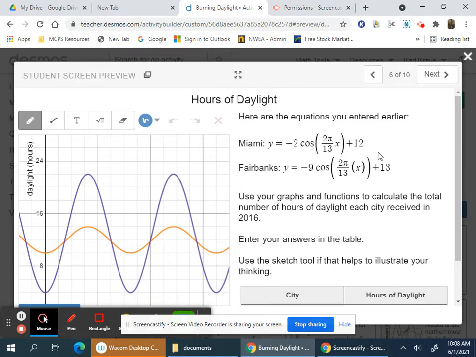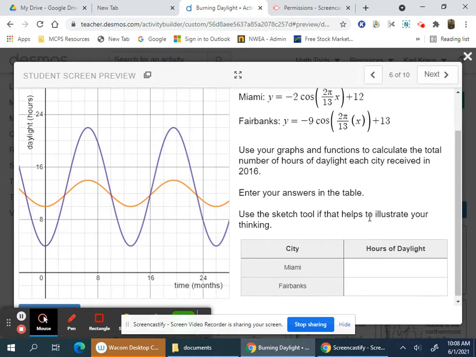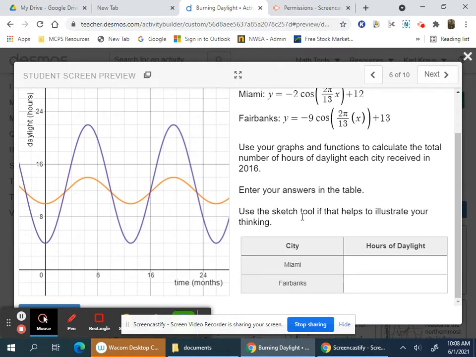So here are the two equations that I wrote. X is going to be the number of months.